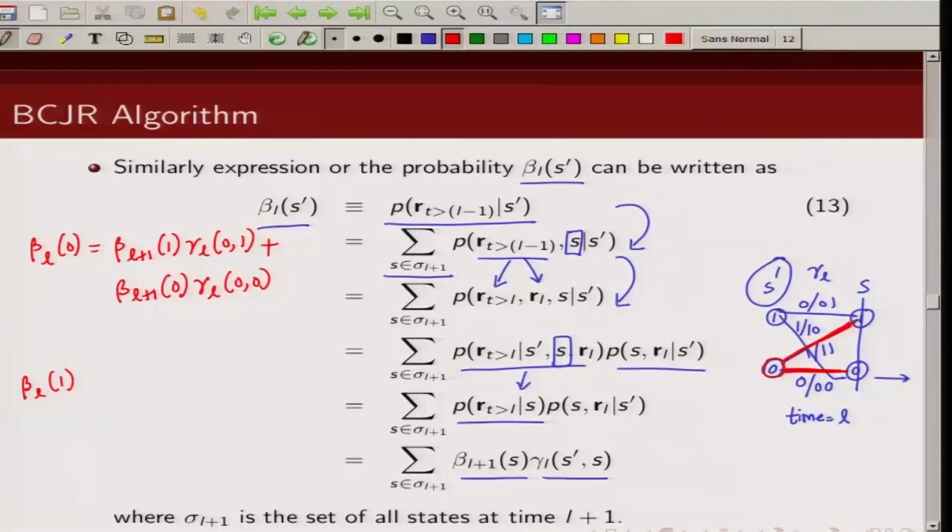Similarly, we can compute beta L for state 1. What are the two transitions which are ending at this state? One is this one, the other one is this one.